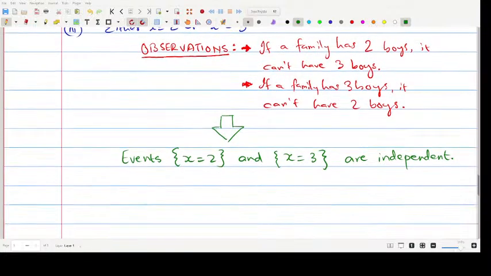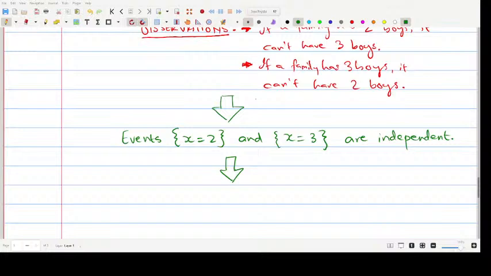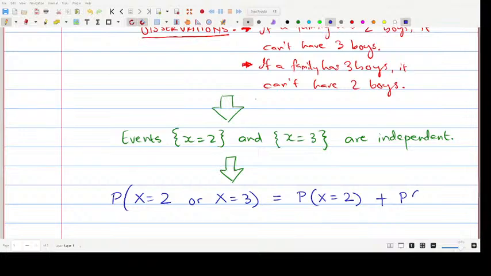And since they are, we can write the following. The probability of x equals 2 or x equals 3 is equal to the probability of x equals 2 plus the probability of x equals 3.